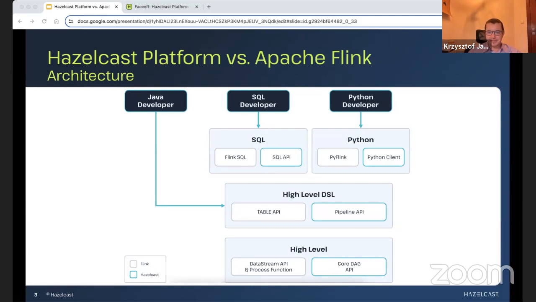But with SQL you can also transform batch sources, not streaming sources, but batch data, in the same language, in the same framework. Both Hazelcast and Flink give quite a powerful SQL language for stream and for batch processing.